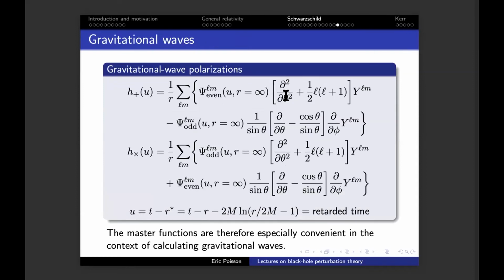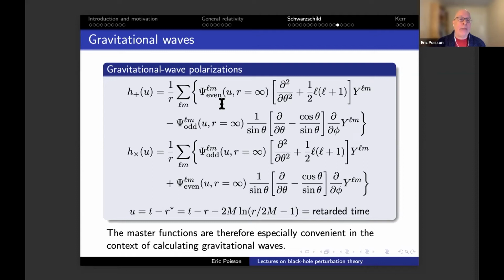Okay, so the point here is that the master functions give you direct access to the gravitational wave polarizations. So if your context is to calculate gravitational waves by solving the equations of perturbation theory, then for you, the master variables are very, very useful. For the sort of things that I do, which is mostly about figuring out the tidal deformation of a black hole, when I work close to the black hole and not far away at infinity, the master variables are not that useful.